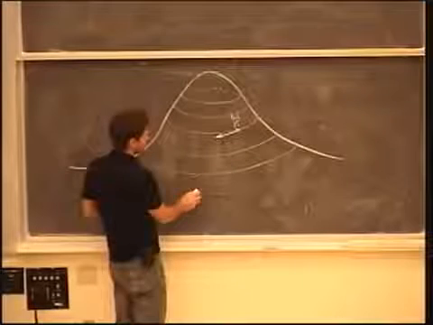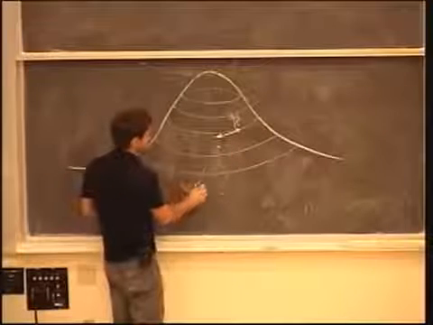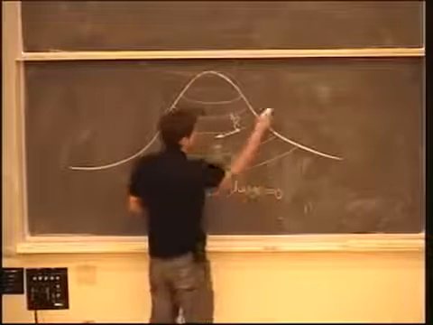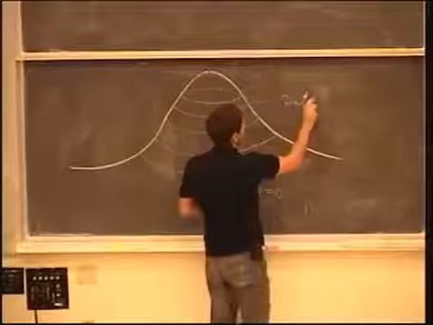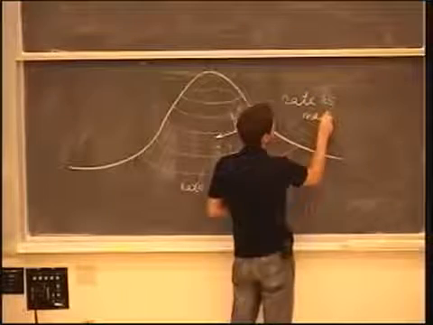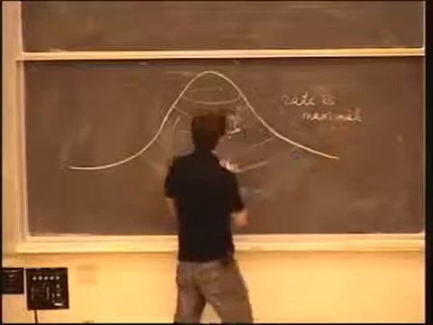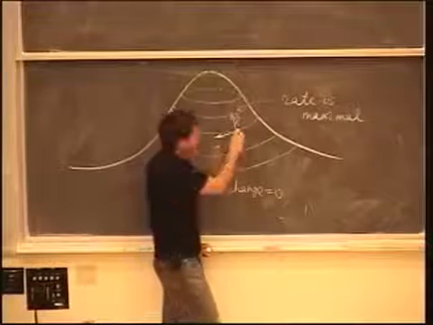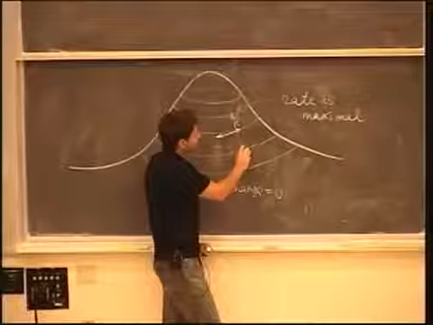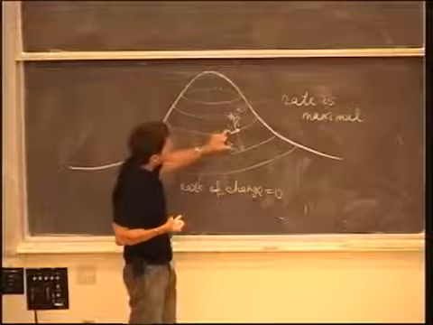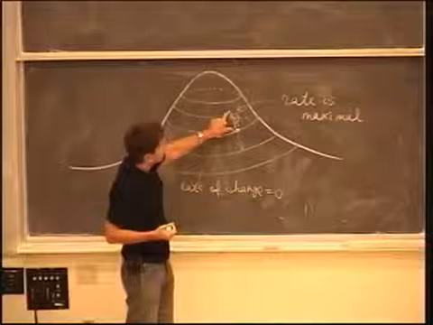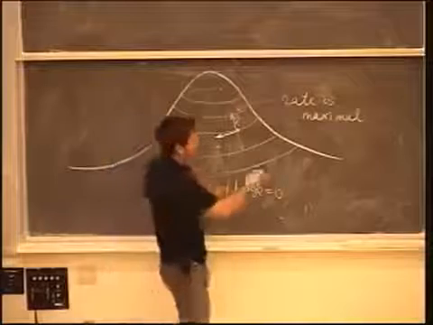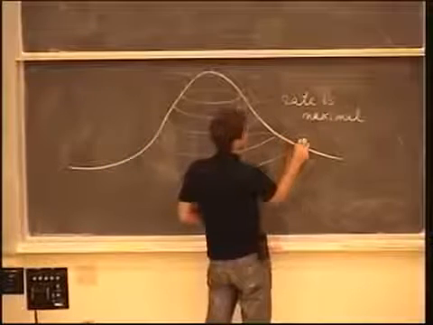So in this direction, the rate of change is 0. In this direction, the rate of change is maximal. And if we go in a direction which is perpendicular to the level curve, but we go down, then it's going to be minimal, the smallest possible. Well, its absolute value is still going to be the highest possible, but it's going to have a negative sign. So as a number, it will be the smallest possible value. So here, the rate is minimal.